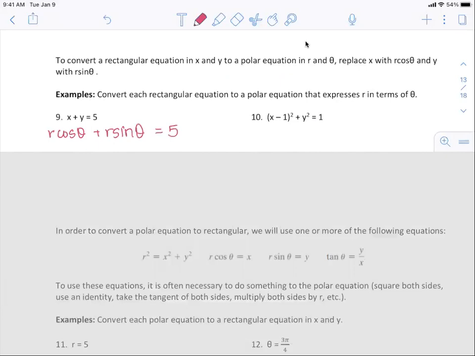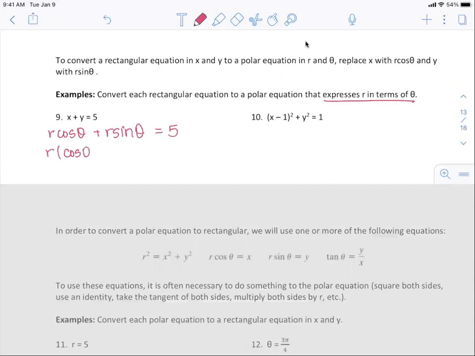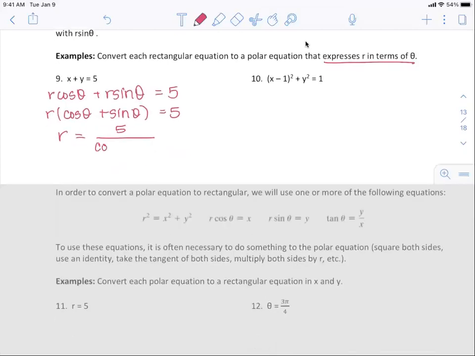Now, this one tells us to express r in terms of theta, which means we need to solve for r. To do that, we can factor the common r out. We get r times cosine theta plus sine theta, all equal to 5. Then we can divide both sides, so we get that r is equal to 5 over cosine theta plus sine theta.